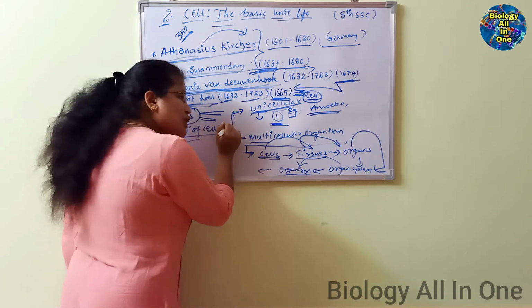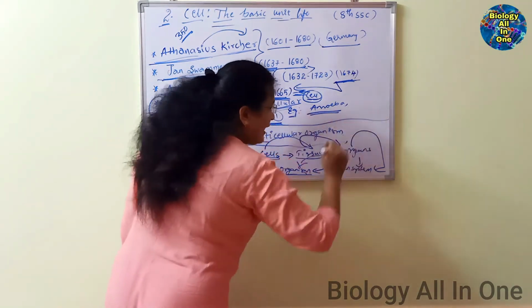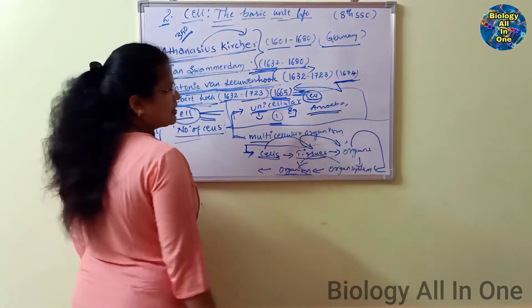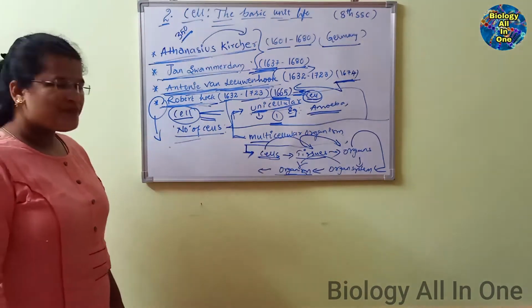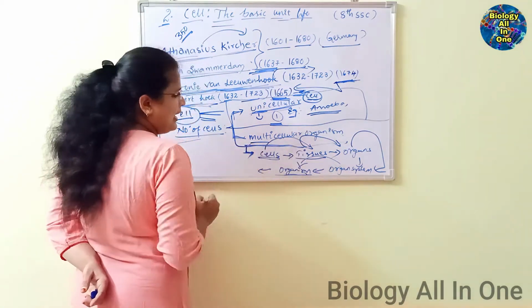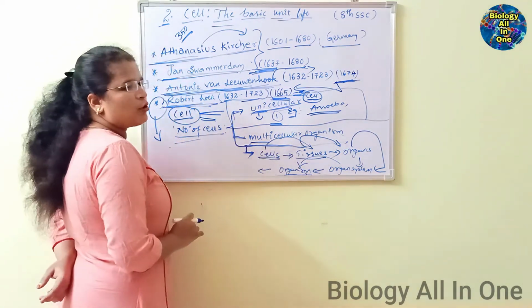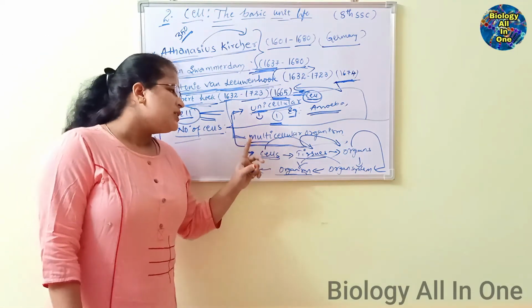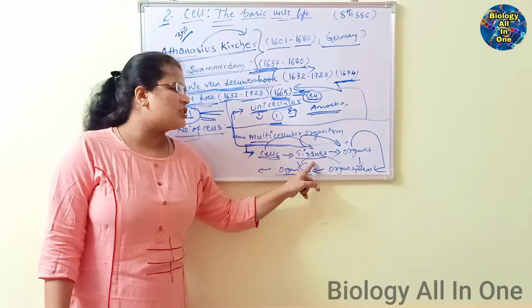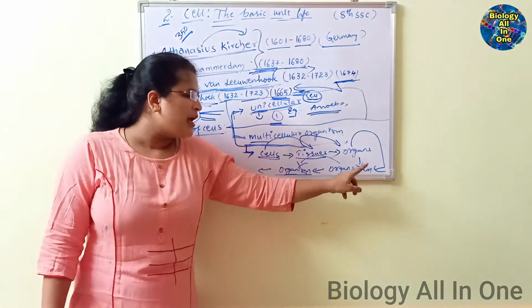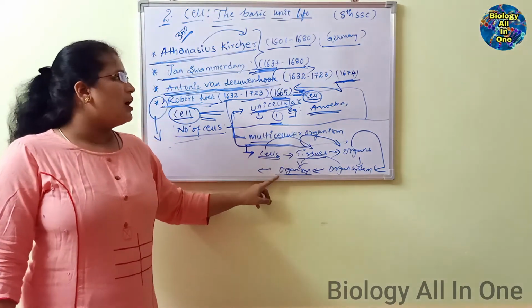If the scientists had not known the microbial world, we might not know about the unicellular organisms' lifestyle also. The multicellular organisms have many cells in their body. As I have already told you, cells develop into tissues, tissues into organs, organs into organ systems, and organ systems into the organism.